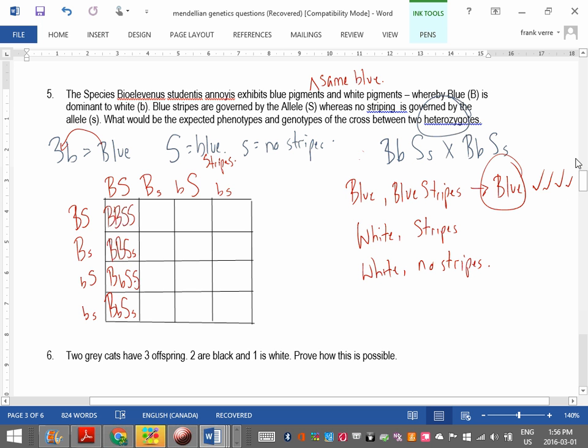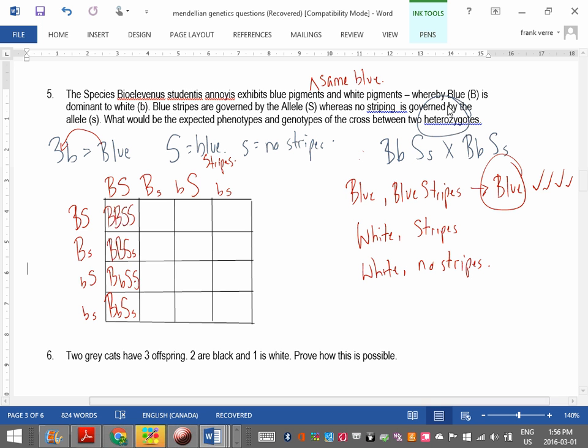Okay, so we have 4. Guys, it's okay. I'm just saying that the blue stripes are the same color as the blue. I understand, but what you see looks the same as something that doesn't have the stripes.